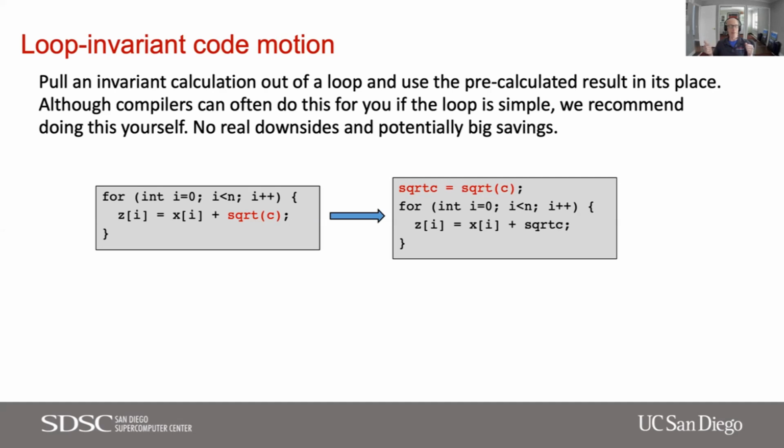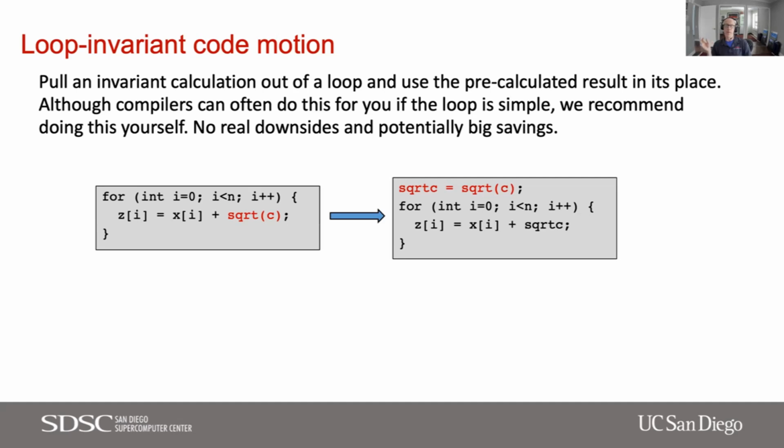Let's say I have this loop over elements of array x and z. And for each element z sub I want x of I plus the square root of c, where c is some constant. And you can see that this square root of c is an invariant. It's the same for every iteration of the loop.